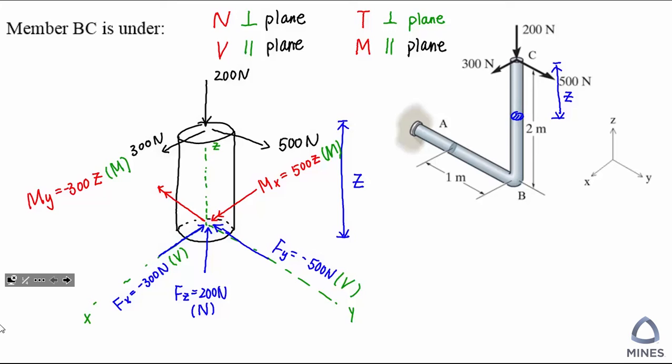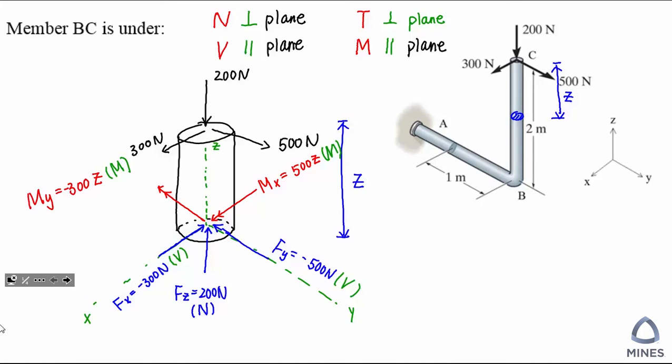You're probably going to ask me, how could I tell that 300 Newton multiplied by the z distance will create a moment around the y-axis? First of all, you can use the right hand rule: your thumb will be in the y direction, which tells you the moment is around the y-axis. Secondly, we can use the cross product to find the moment direction.